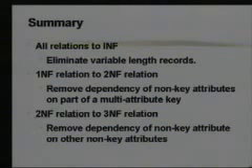Now let us summarize what we have done as far as normalization is concerned. In normalization, if I want to convert a non-normalized relation to 1NF, I have to eliminate variable length records and multi-attribute records.